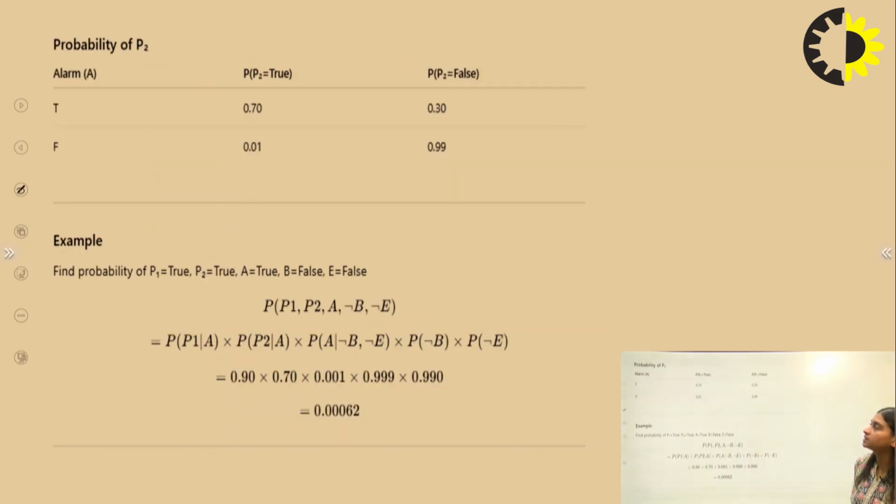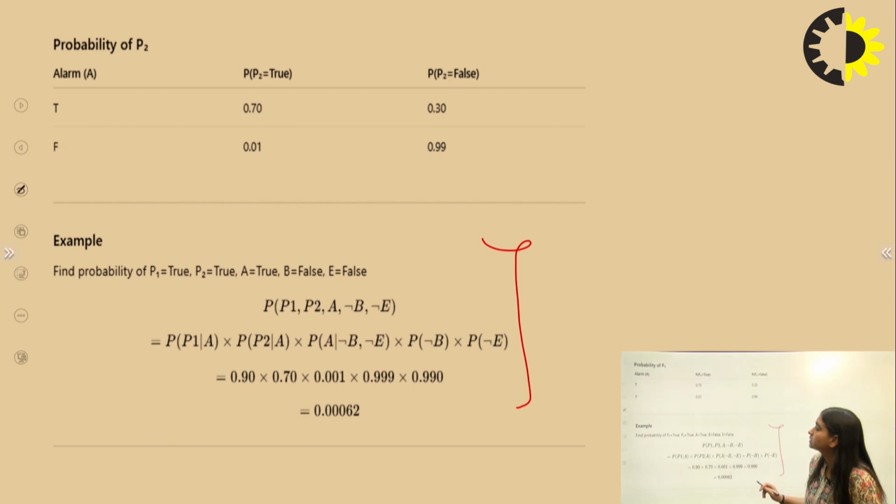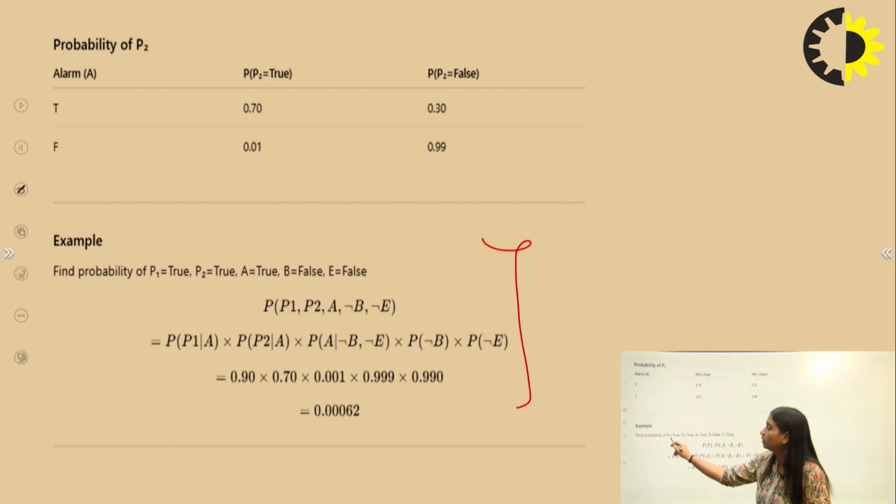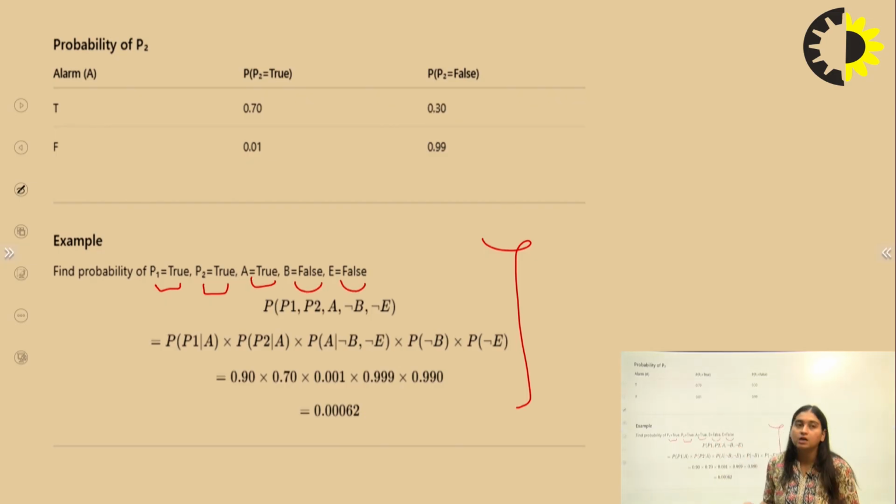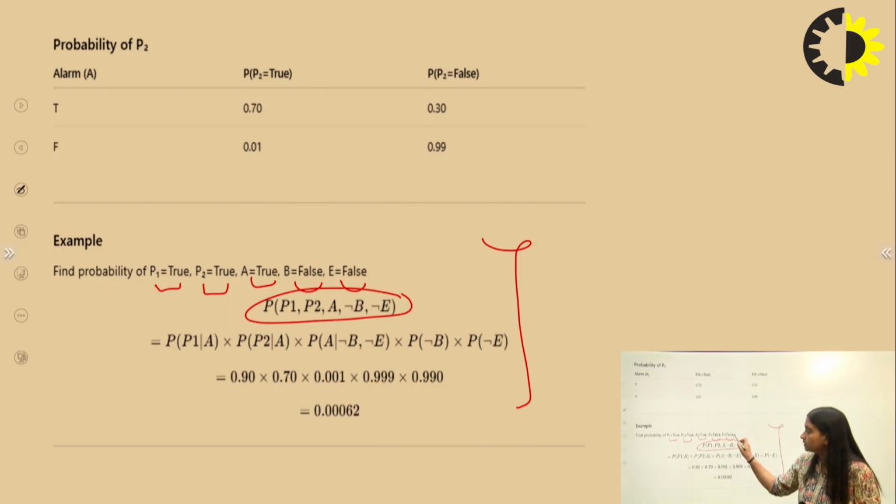So the data set is given to you. Similarly for P2. Here the example is: find the probability of P1 true, P2 true, A true, B false, and E false.